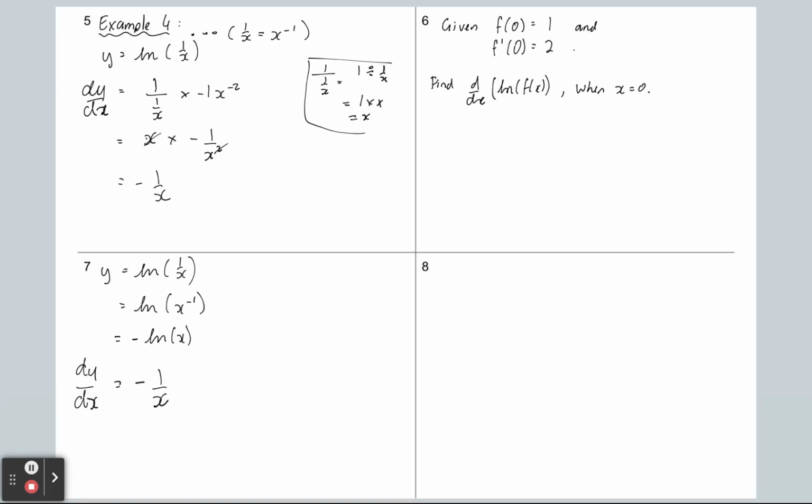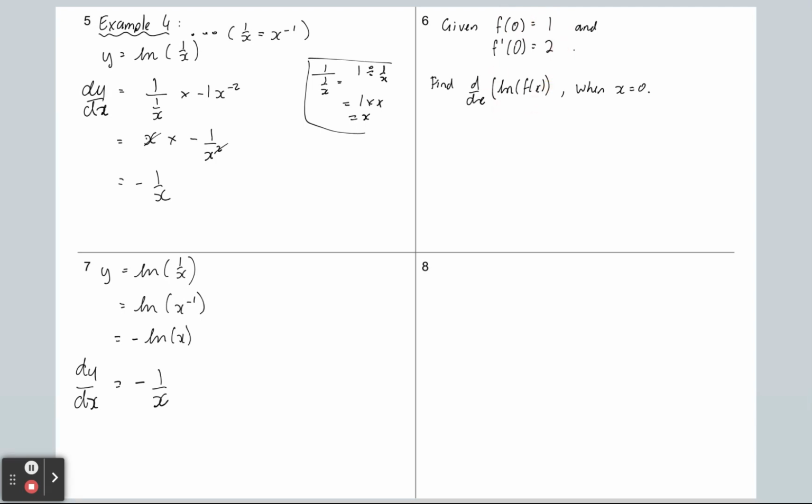Now this one here is an example from the textbook. It's not the same, but it's similar. I want you to pause the video for a second and have a think about how you might approach that. Okay, if you paused the video, you might have made some headway with it or not. It looks more complicated than it is. You're given some values, f of 0 and f dash of 0.